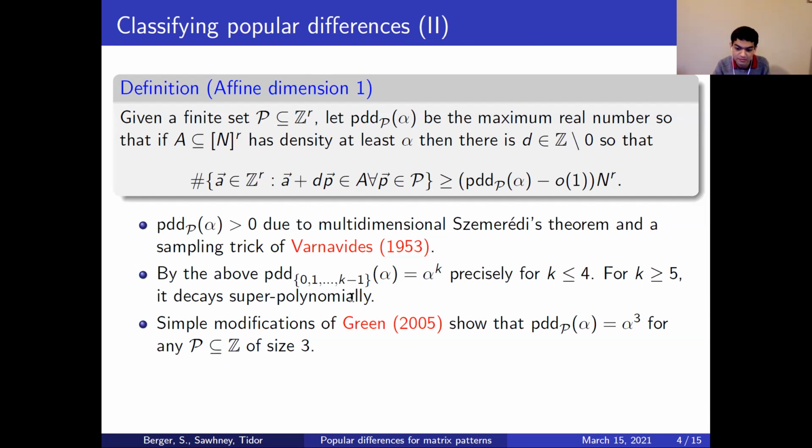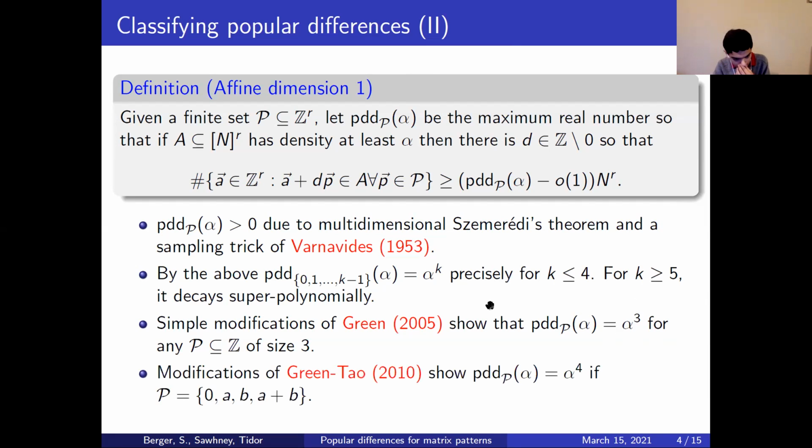It turns out that if you just modify Green's argument, then not only is this true for 3 APs, but if you look at any size 3 pattern on the line, all of them actually have alpha to the 3. And the Green–Tao result, which shows it for 4 APs, actually holds for patterns that look like 0, A, B, A plus B. So for example, if A is 1 and B is 3, then you get 0, 1, 3, 4.